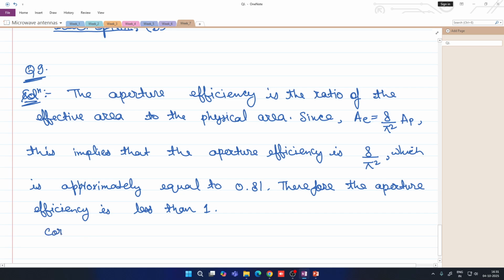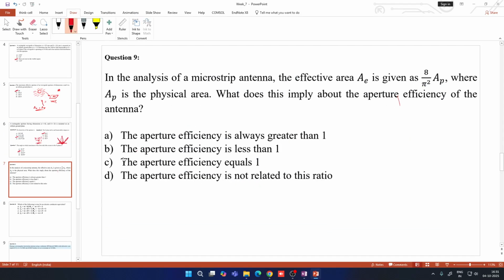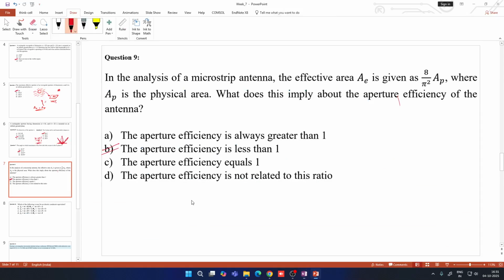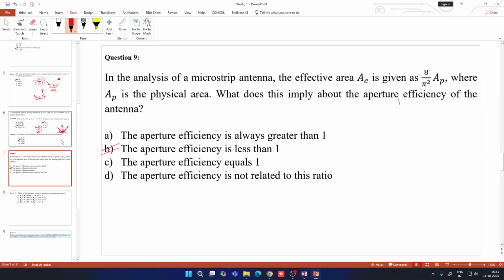So the correct option here is option C. The aperture efficiency is less than 1 for a microstrip antenna. I hope question 9 is clear.